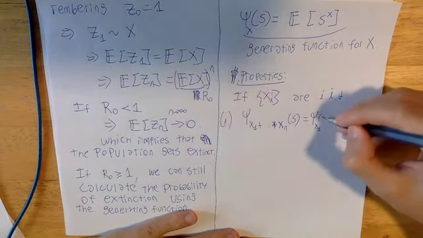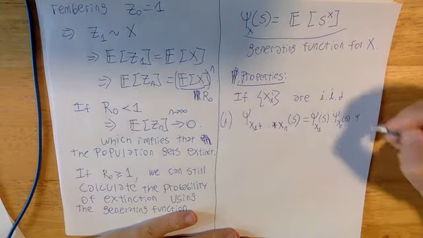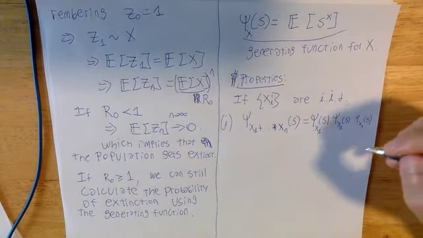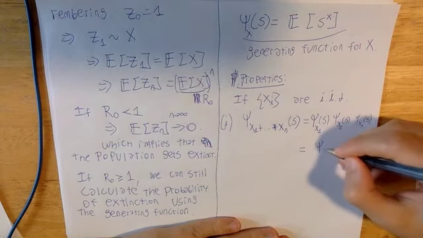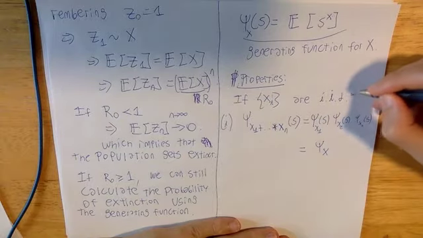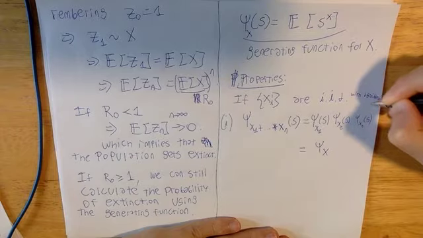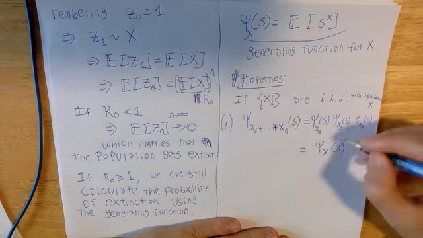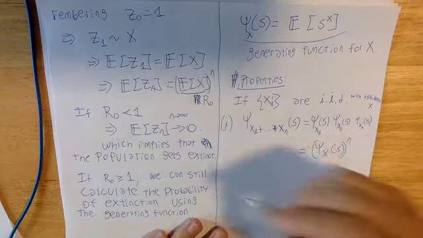So this is just the product of phi X1 of s, phi X2 of s, up to phi Xn of s. These are IID with distribution X, so this is phi X of s to the n. Okay, so that's one of the properties.